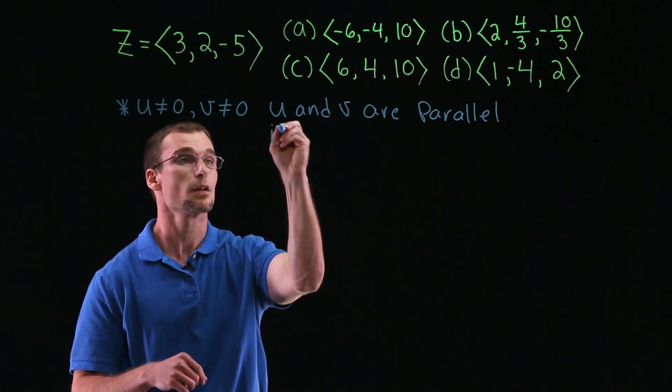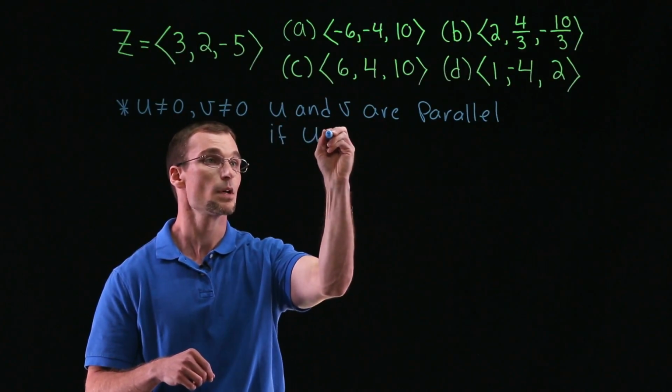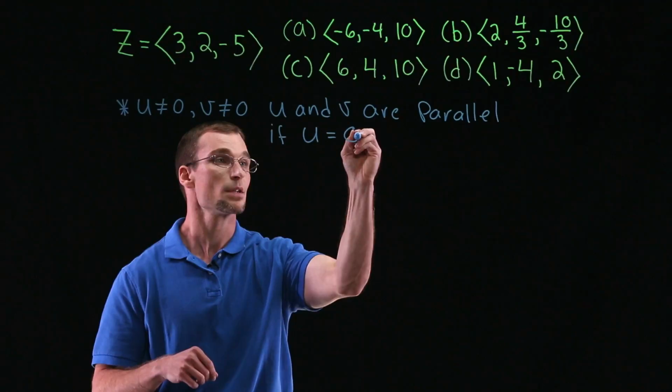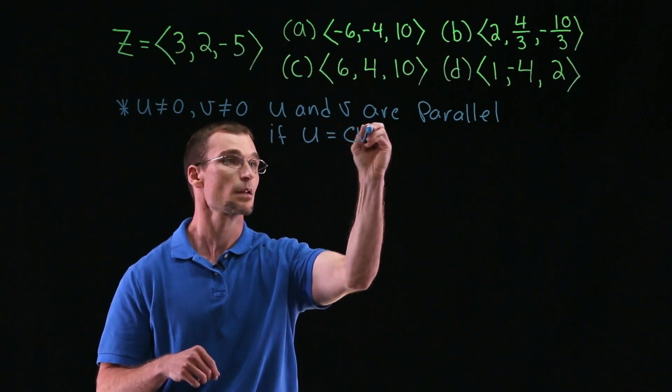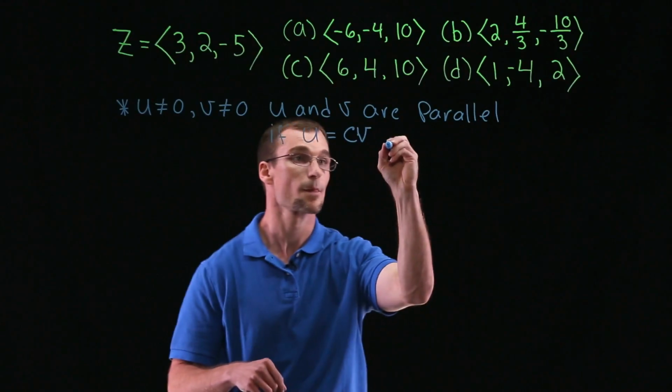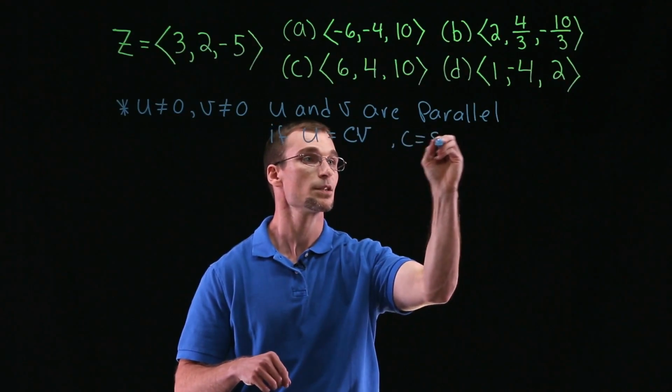So they're parallel if we have that, say, u is equal to some scalar c times v, where c is a scalar.